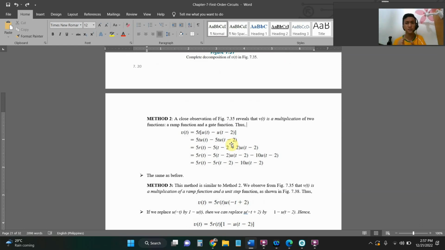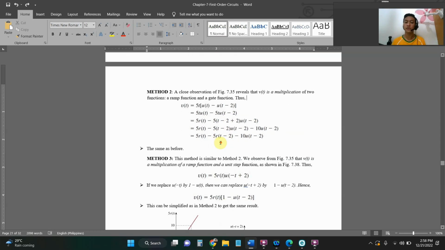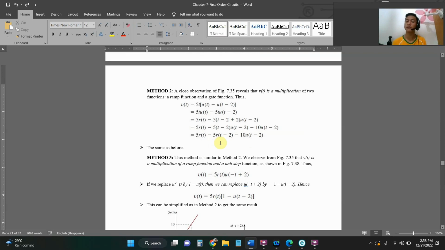Method 3 is quite similar to method 2. We can also observe from the previous figure 7.37 that v(t) is a multiplication of a ramp function and a unit step function, as shown in figure 7.38. So in method 3, this gives us v(t) equal to 5r(t) multiplied by u(-t+2).